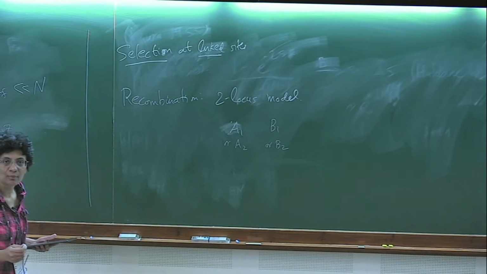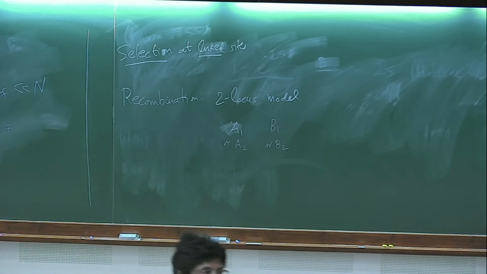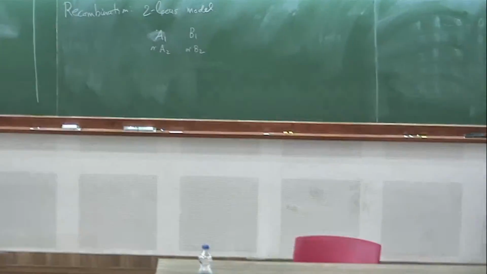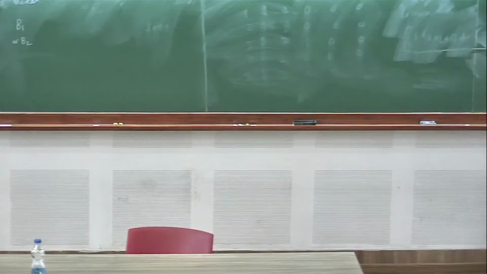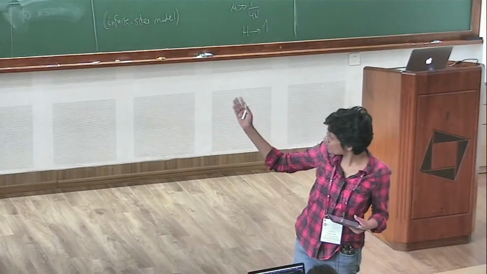So what are the genotypes that are possible? Let's hear from others also. On the first site, I have A1 or A2. On the second site, I have only B1 or B2. So what are the combinations that I can make? What kind of individuals can I have? The first site can have only A1 or A2.